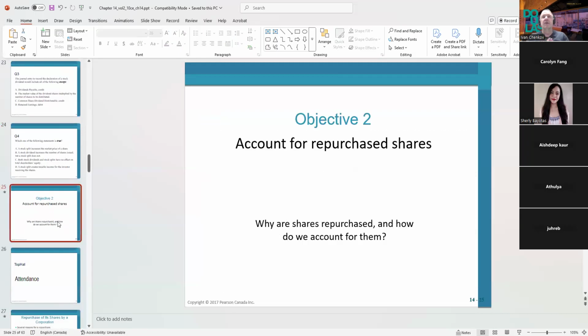All right, so now let's start repurchasing the shares. We saw last time what happens when we issue shares. Once we issue shares, what are we getting? What can we get when we issue shares?